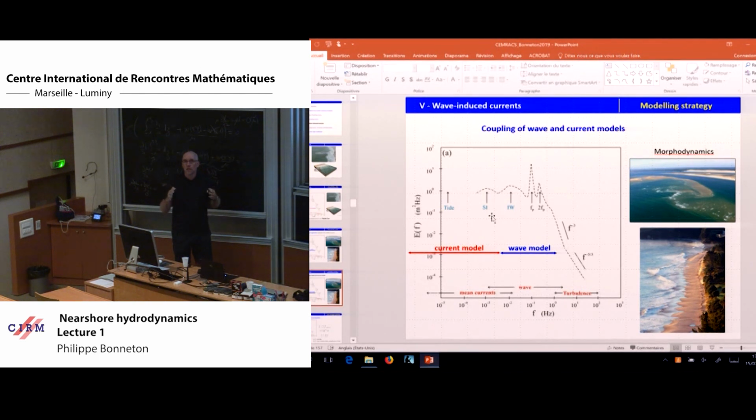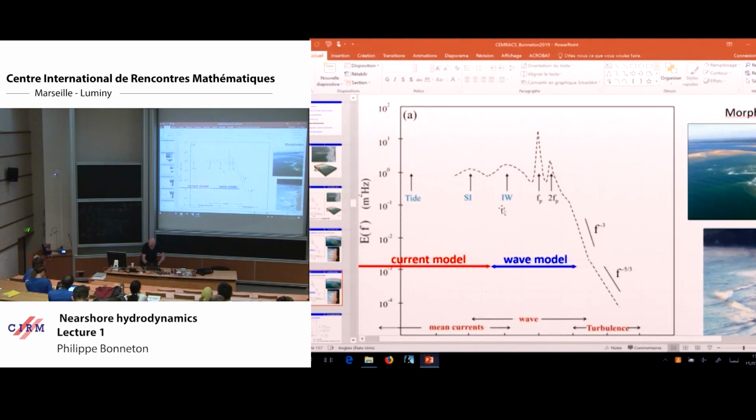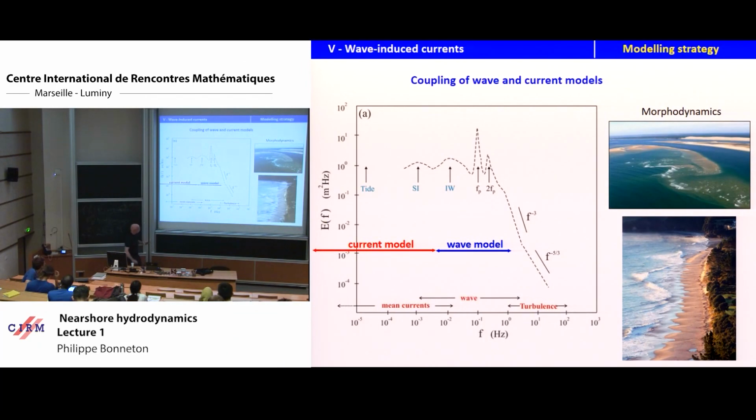The classical approach is to use a time average wave model, which can be applied from the deep sea to the near shore. We don't describe the detail of the wave phase.